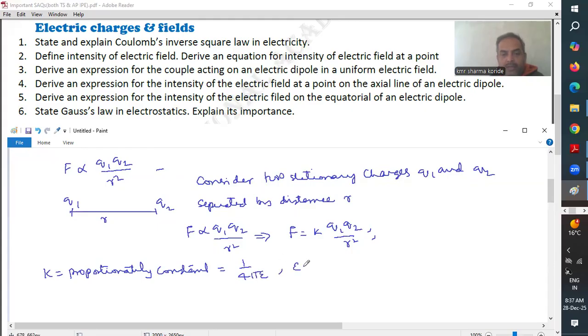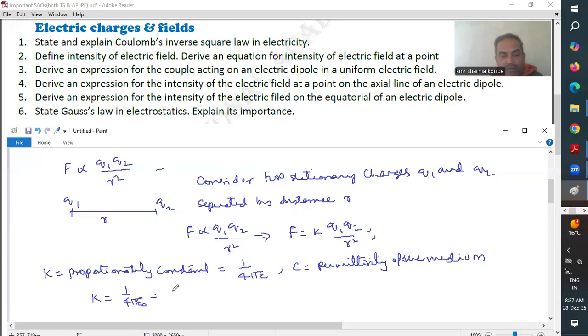Epsilon is the permittivity of the medium. If the charges are in vacuum, we write K equal to 1 by 4 pi epsilon naught.